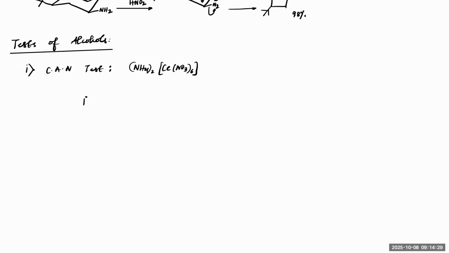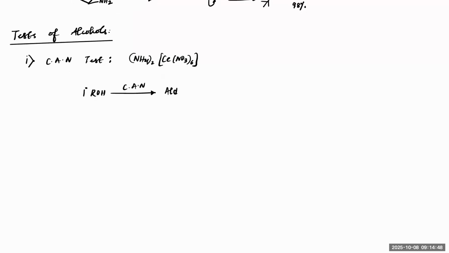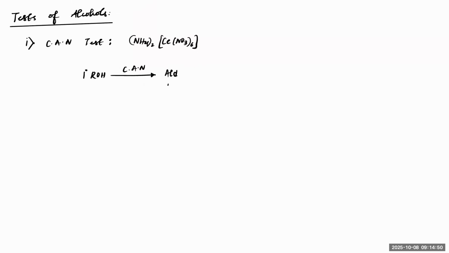If you have a 1 degree alcohol with ammonium cerium nitrate, a color change will happen. It will start turning red, and then after some time it will become colorless.